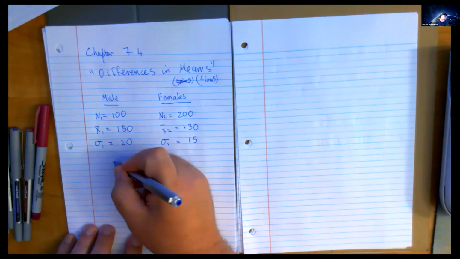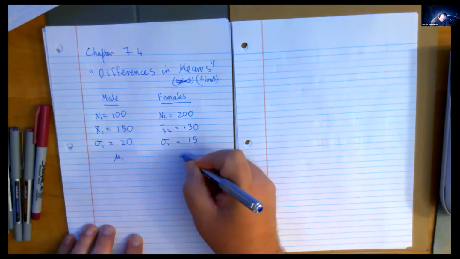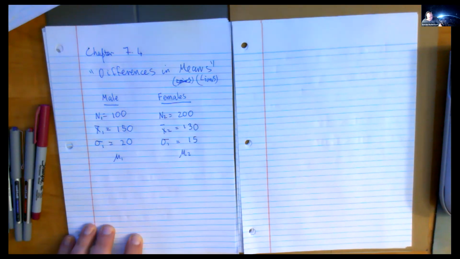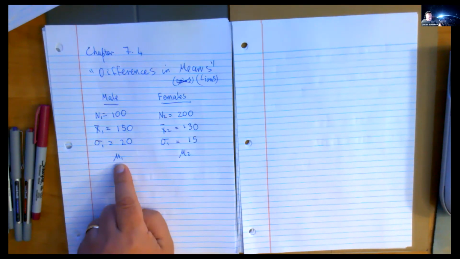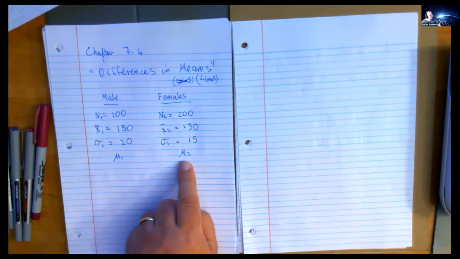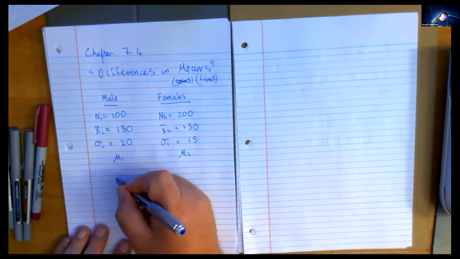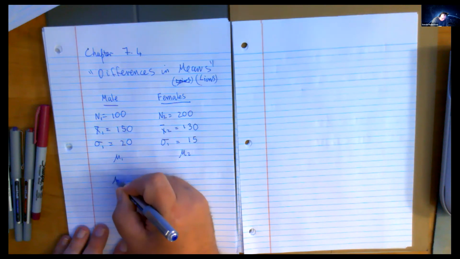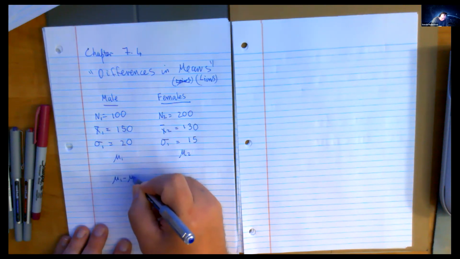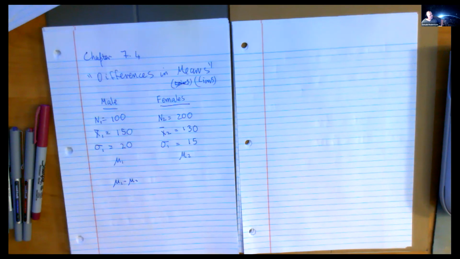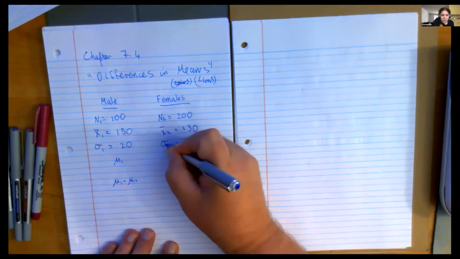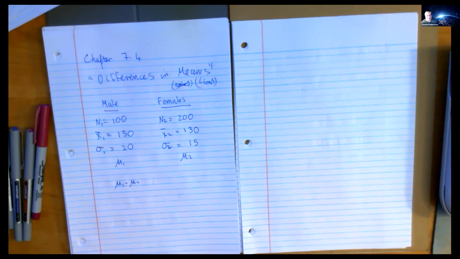Now, mu1 and mu2 would represent the population mean for male lions and the population mean for female lions. And I would like to estimate mu1 take away mu2. Just a quick thing, the sigma for females is sigma 2. You all caught that deliberate mistake, right?